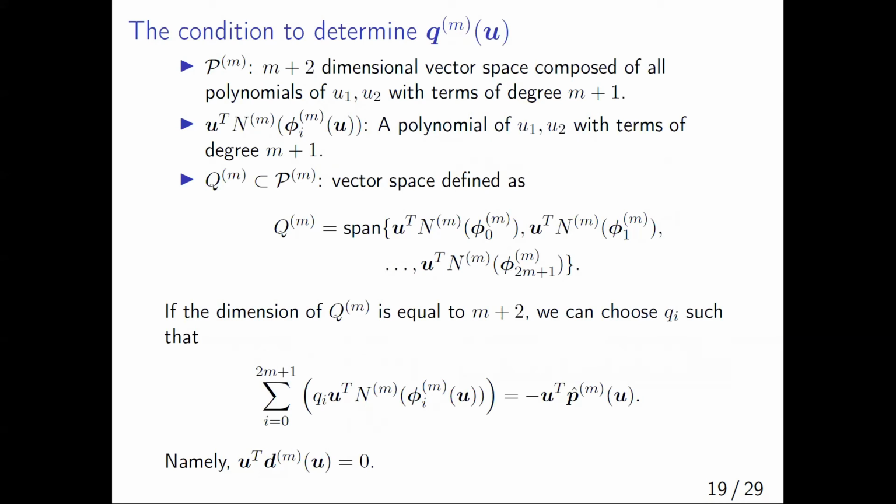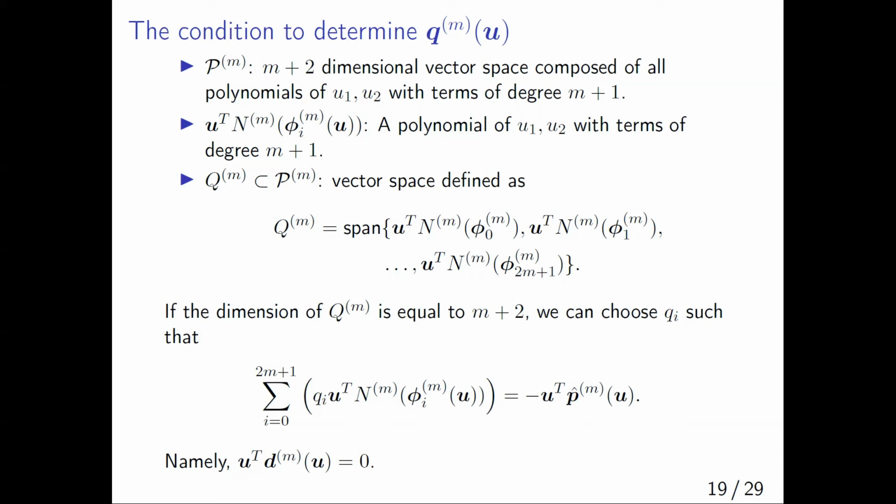Let calligraphy Pm be the m plus 2 dimensional vector space composed of all polynomials of u1, u2 with terms of degree m plus 1. And u transpose Nm of phi mi is a polynomial of u1, u2 with terms of degree m plus 1. It is an element of calligraphy Pm.